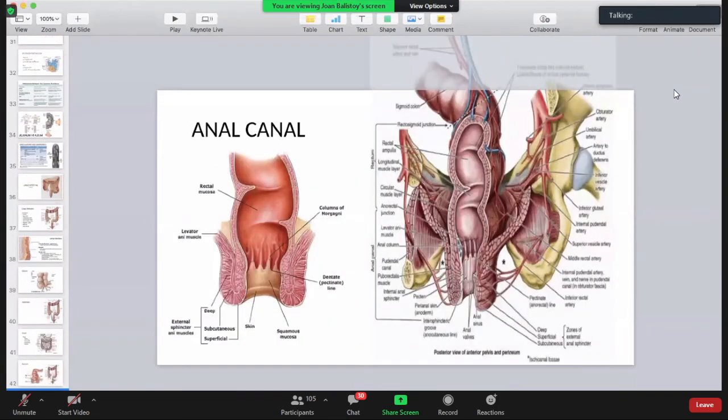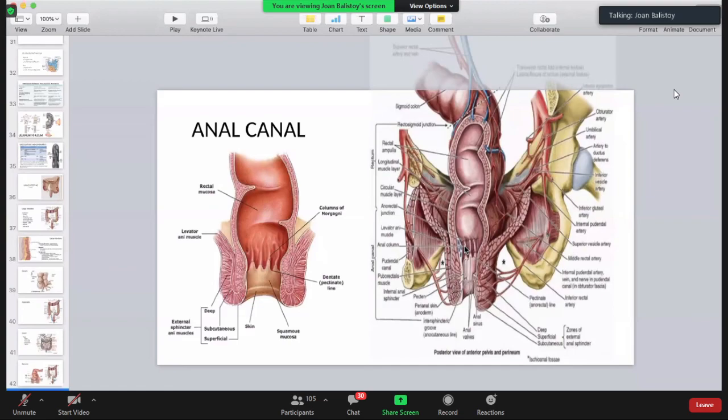So what are the important parts that you have to know about the anus? You have to note the columns of Morgagni, also known as the anal columns. These are vertical folds produced by the infolding of the mucous membrane and some of the muscular tissue.